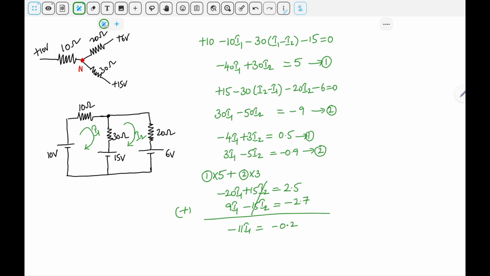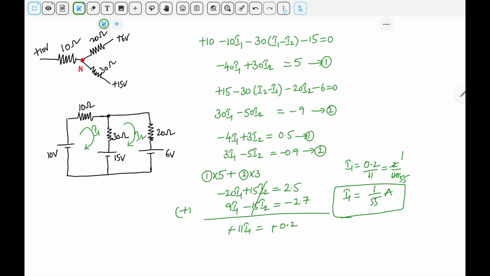Now cancelling the minus on both sides, I1 is equal to 0.2 by 11. Multiplying the numerator and denominator with 10, you will get 2 by 110. By cancelling, you will get 1 by 55. So the current in the first loop is 1 by 55.